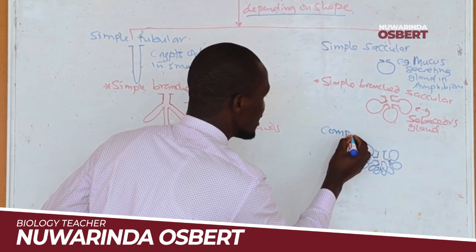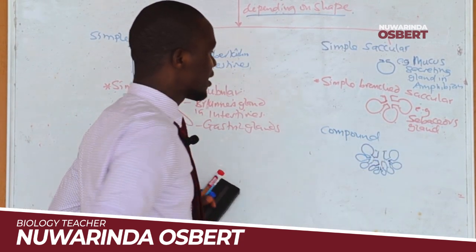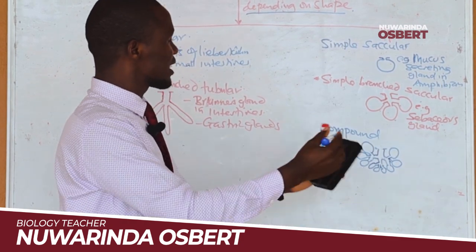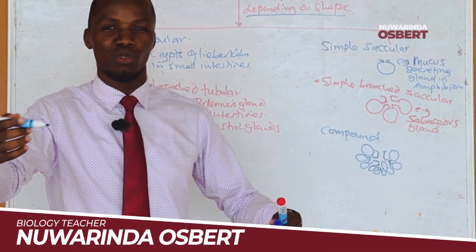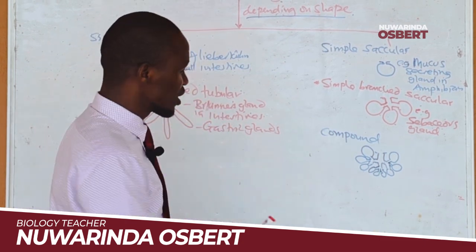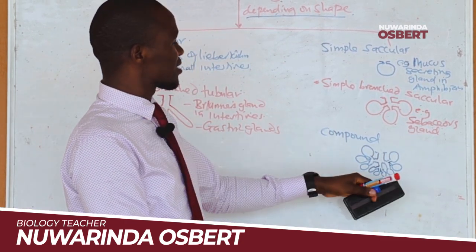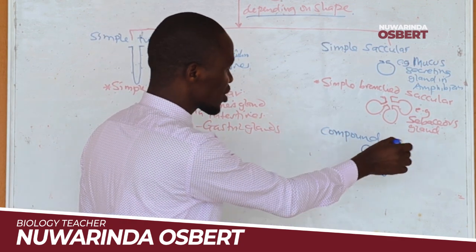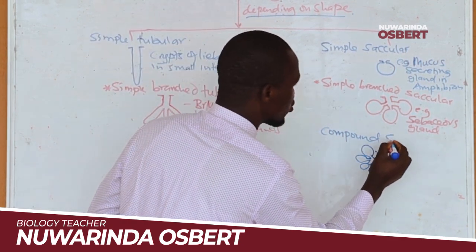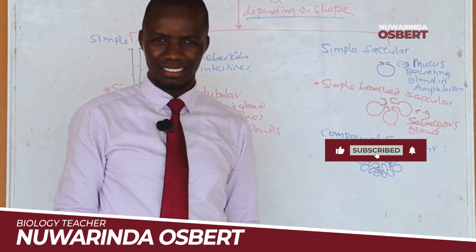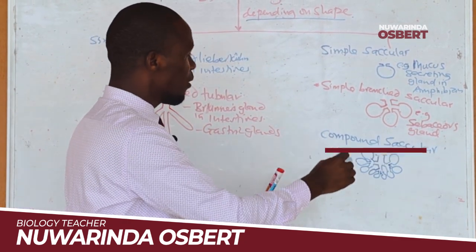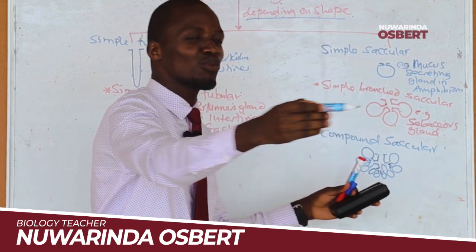So this one now becomes compound because it has very many other components, like the way a compound leaf has different smaller leaves which we call leaflets. It is compound, but the final things are circular, so we call it a compound circular gland. Yes, it is compound because it has very many other smaller components.